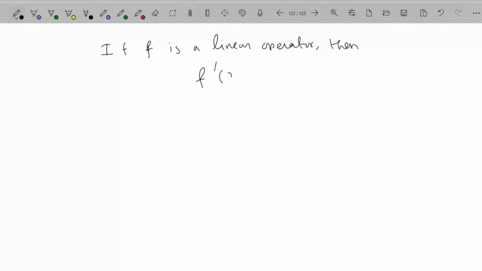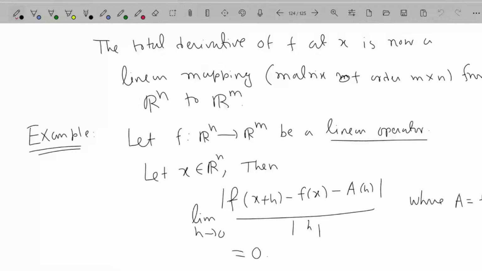Here this is your f of h and A is f, so they cancel out and it becomes 0. This proves that if we take A equal to f, we get this value equal to 0, and therefore the derivative at a point is the function itself.